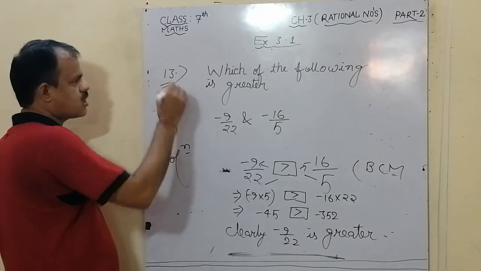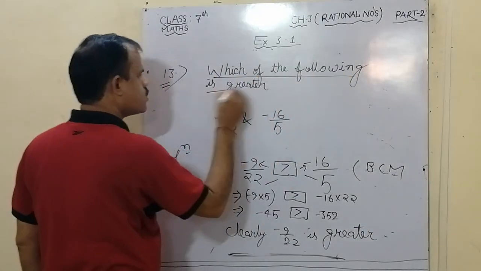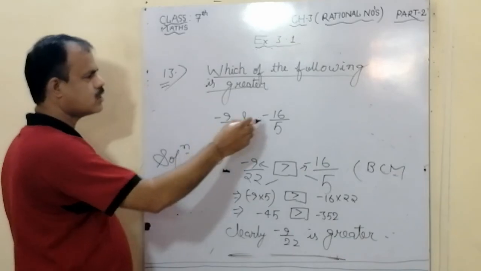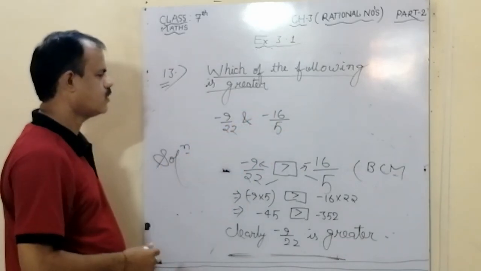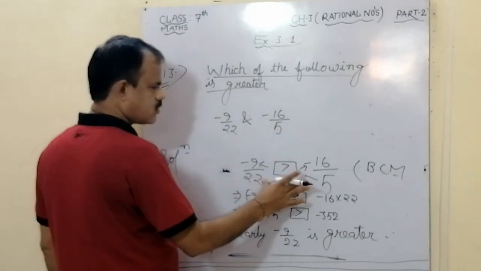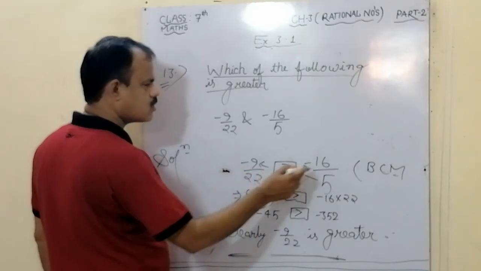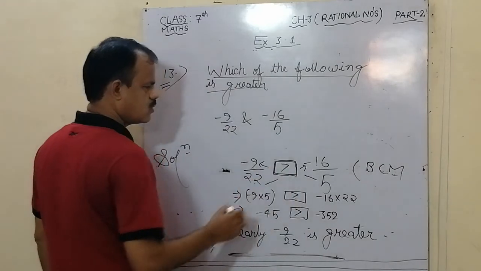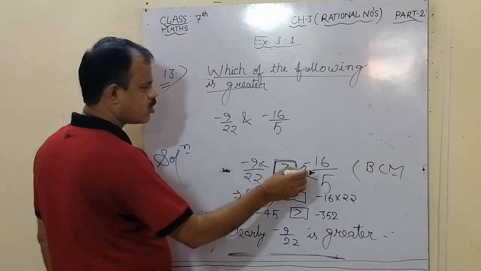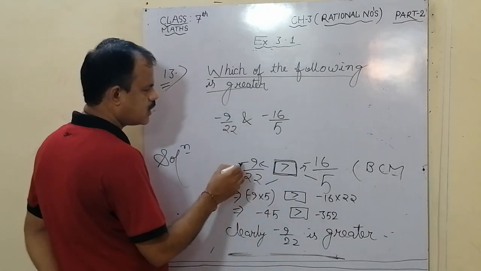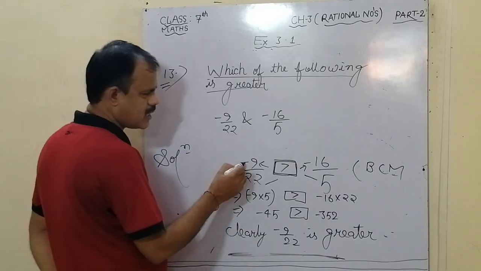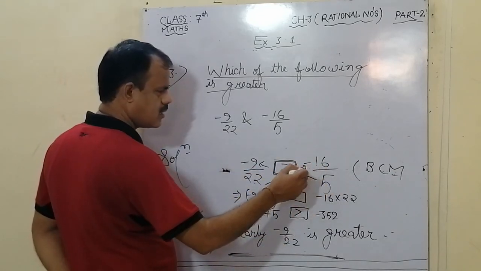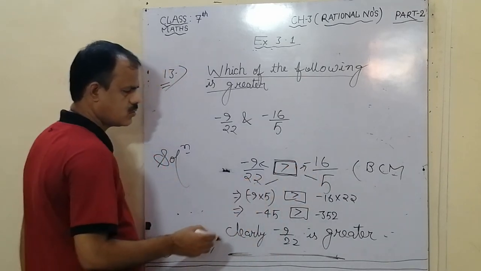Yes, student, question number 13. Which of the following is greater? We have two rational numbers, minus 9 by 22 and minus 16 by 5. So simply write the question, minus 9 by 22, minus 16 by 5, and put a box here. Now by cross multiplying, on the LHS side multiply minus 9 into 5, and on the RHS side minus 16 into 22.